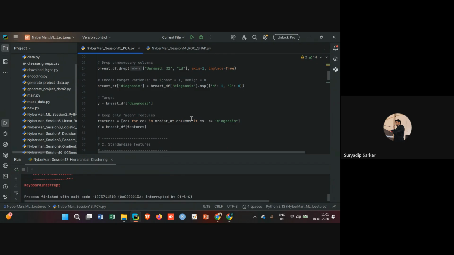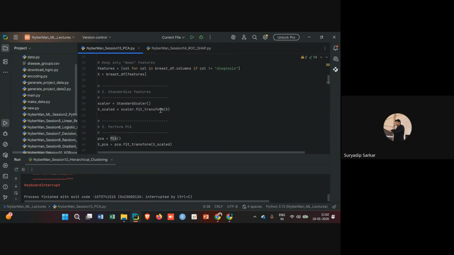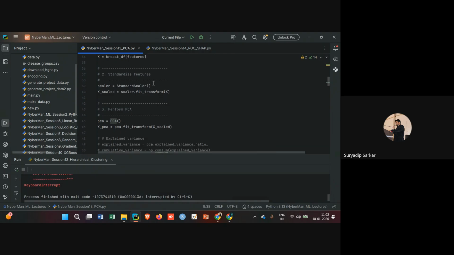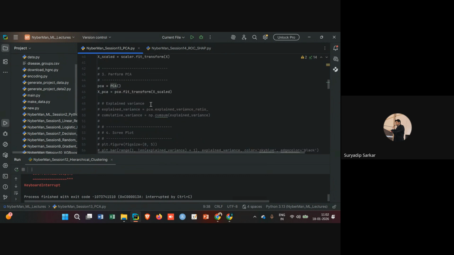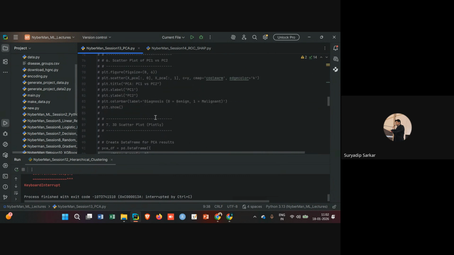That is what we have been doing in case of the Wisconsin breast cancer dataset. We don't really want to use the standard error or the worst ones. You obviously can, but it's not really necessary. Then you will do standardization on these features, and then you will do whatever PCA stuff that we need.